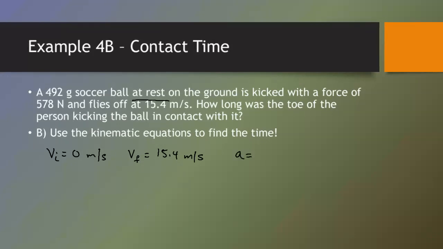We know the acceleration due to the kick, right, due to the force, is going to be equal to 1,174.80 meters per second squared. This is from what we just found. If we want to find time, now we can just use that first kinematic equation.